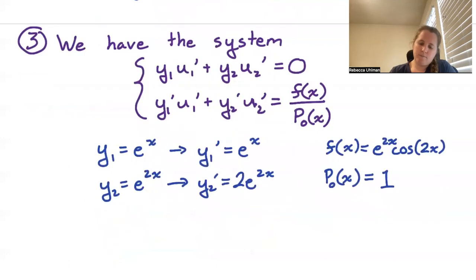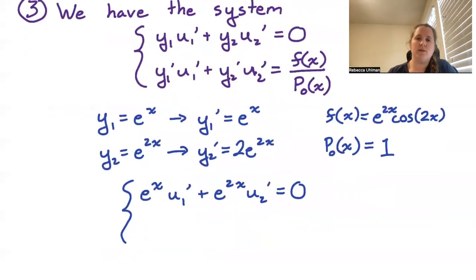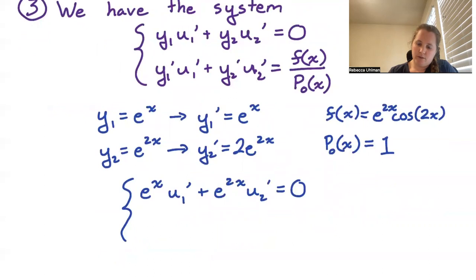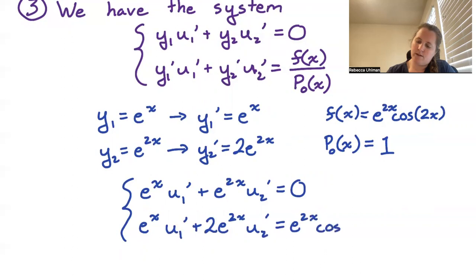So our first equation is e^x u1' + e^(2x) u2' = 0, and the second is e^x u1' + 2e^(2x) u2' = e^(2x) cos(2x).